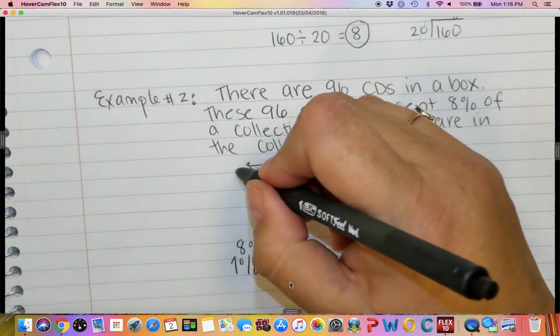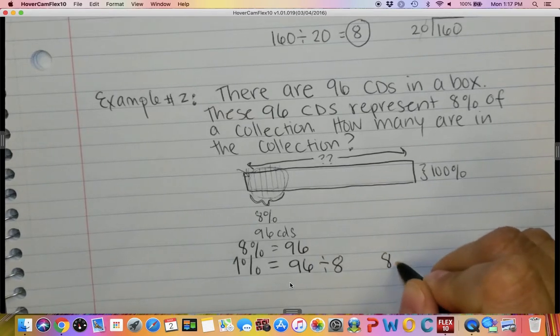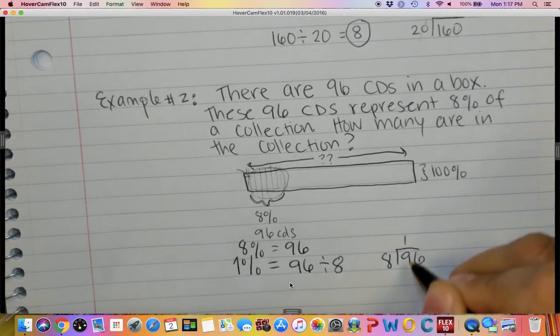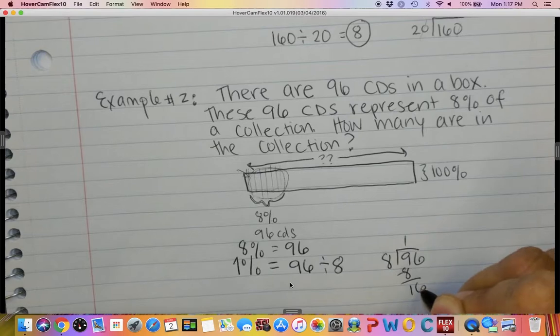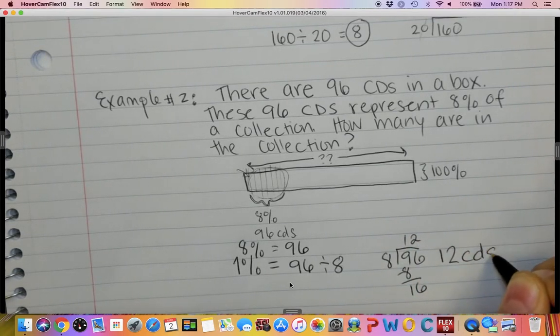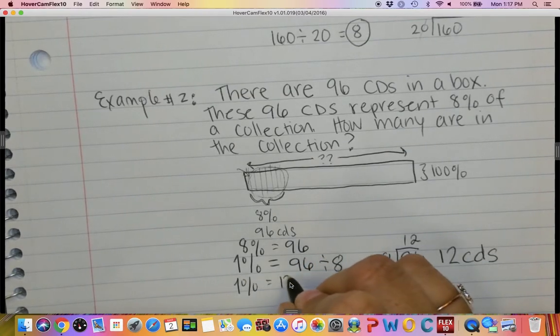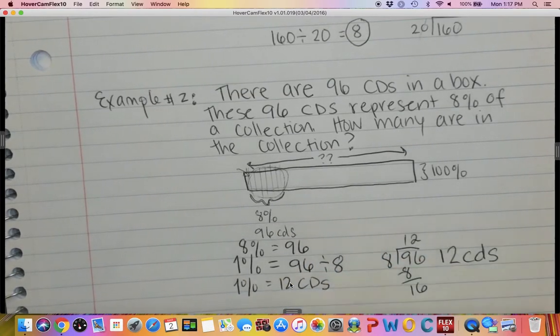So I'm finding out what one of those tiny little boxes is. So I do 8 into 96, and 1% is equal to 12 CDs.